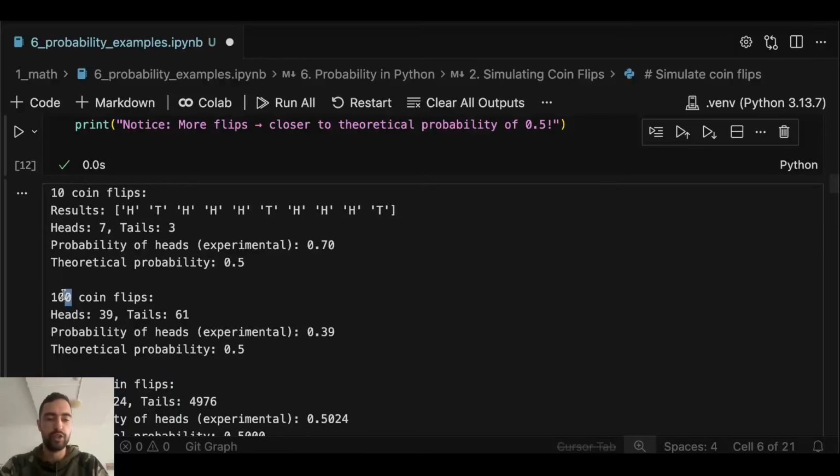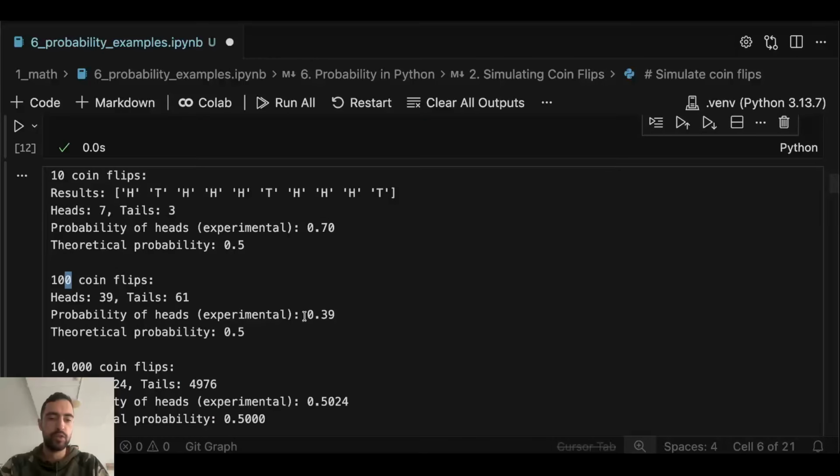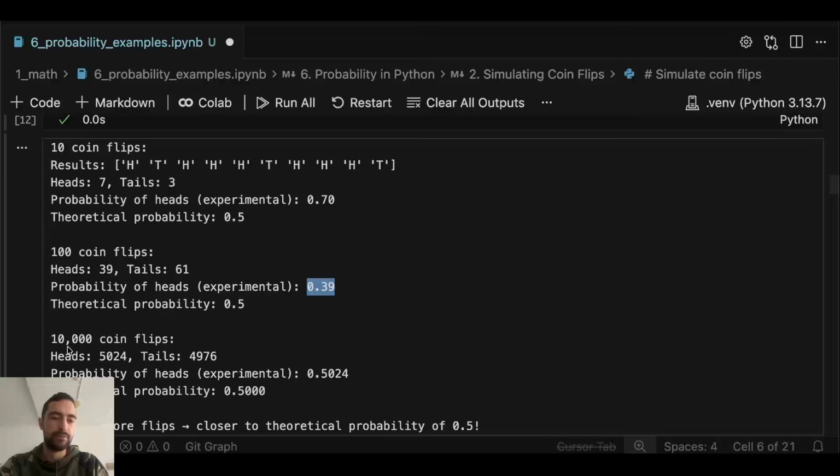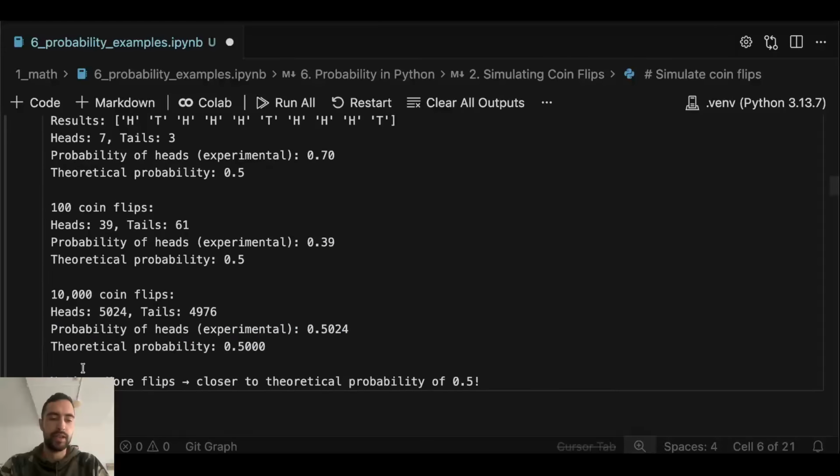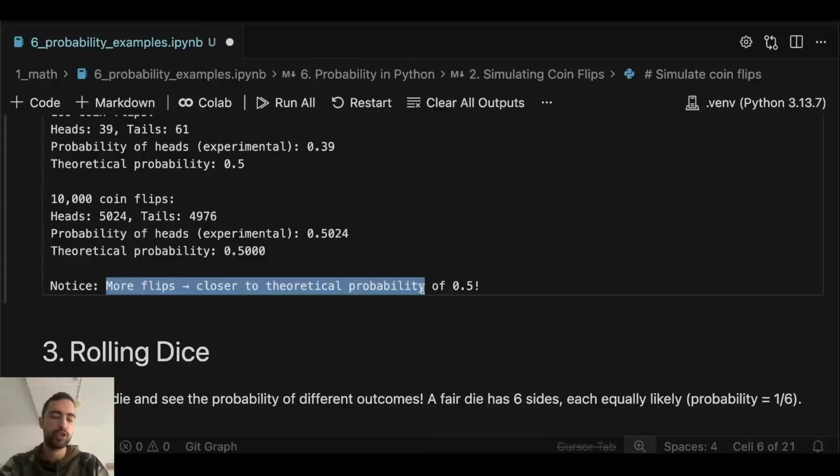So for 100 coins, we get 0.39, and for 10,000 coins, we get 0.5024. So this one, experimental, is very close to the theoretical. So the more flips or more samples, the experiment probability, measured probability, will get closer to the theoretical.